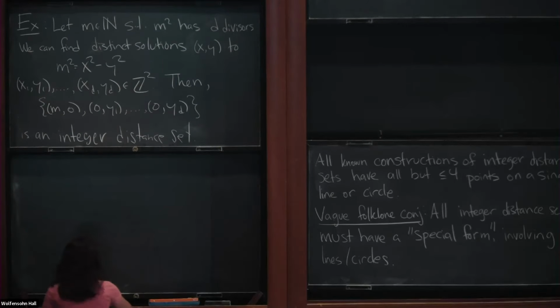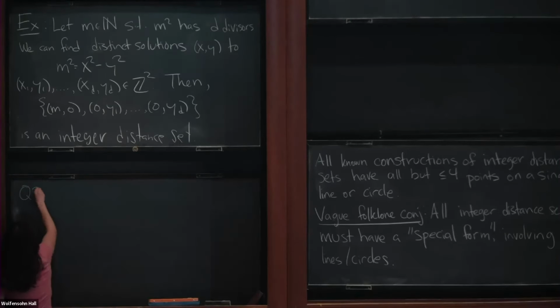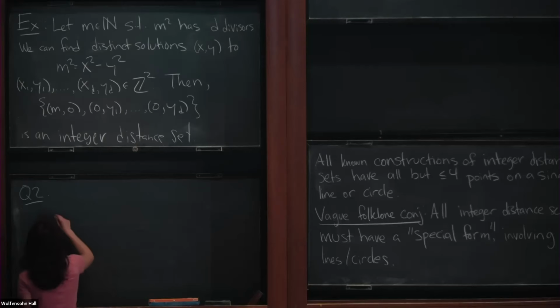Yeah, so the second question we make progress on is the minimum diameter of a non-collinear integer distance set of a given size.